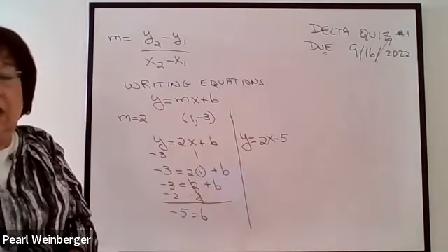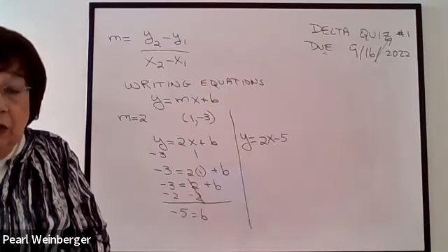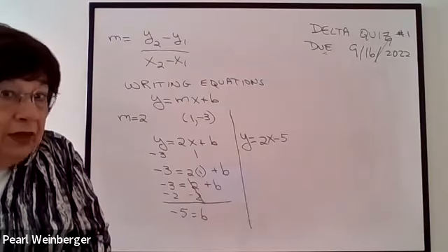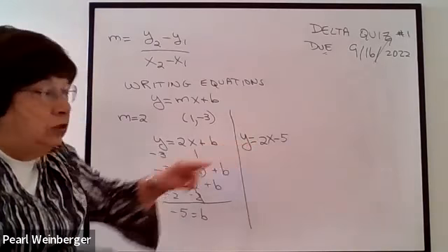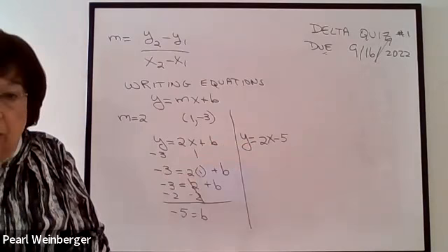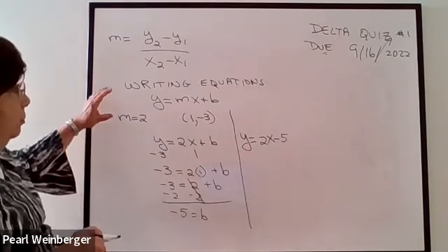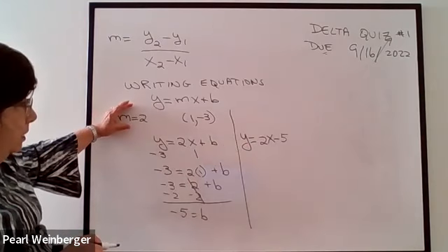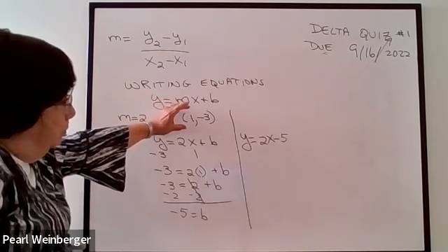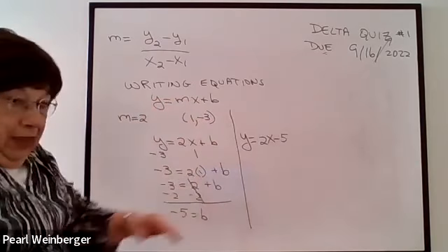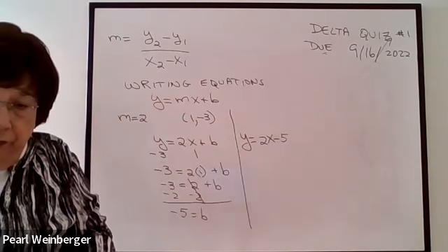We also can see that the y-intercept of this line is -5. So if I wanted to, I could now draw the line easily because I have the equation in slope-intercept form. But notice we started with a description of the line. We were told what the slope is, we were told a point on the line, and we were able to write the equation from this description.